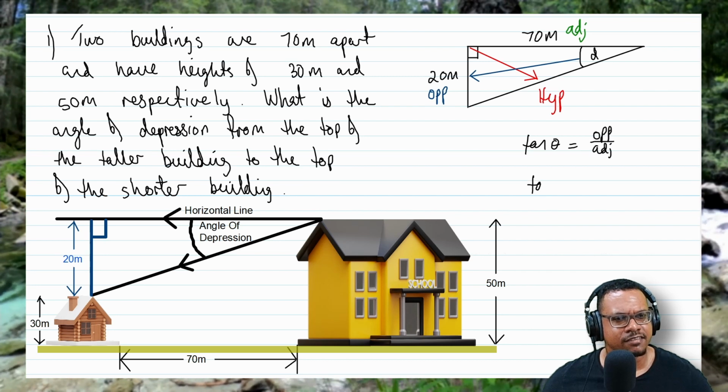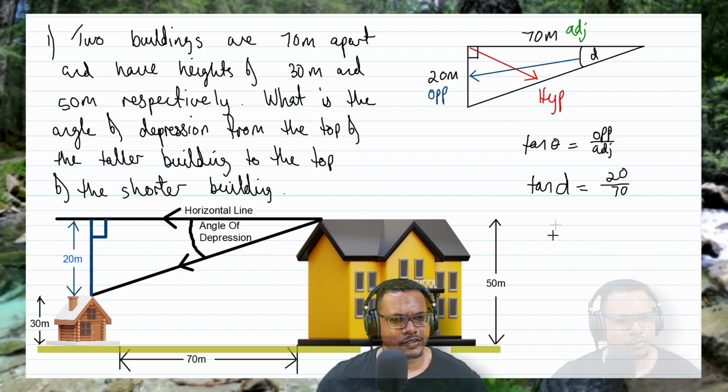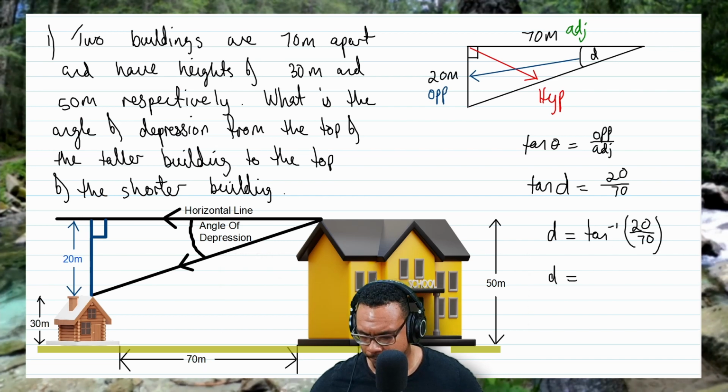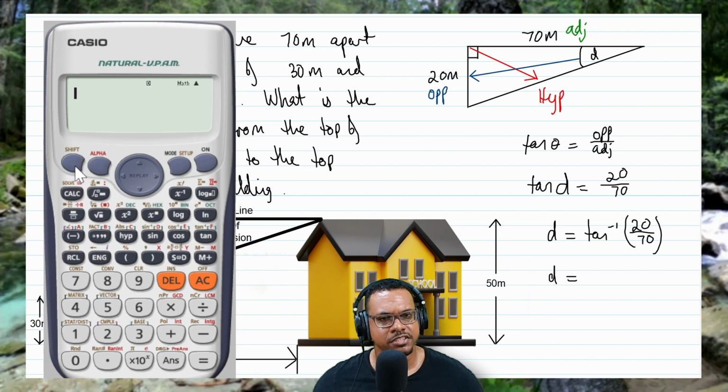So that will be tan D, my angle of depression, right? So that's your theta. And the opposite side is 20. And the adjacent side is 70. So now the angle of depression is equal to tan inverse of 20 over 70. So let's go to our calculator. And I'll press Shift, then tan. Calculator opens brackets for me automatically.